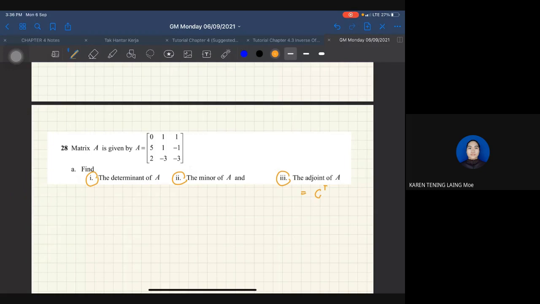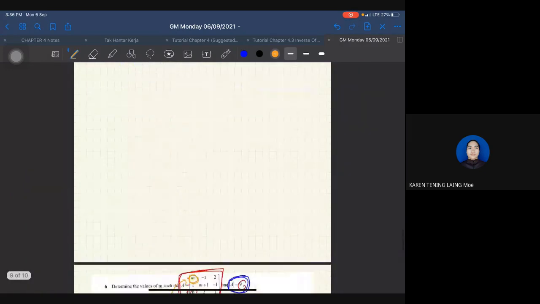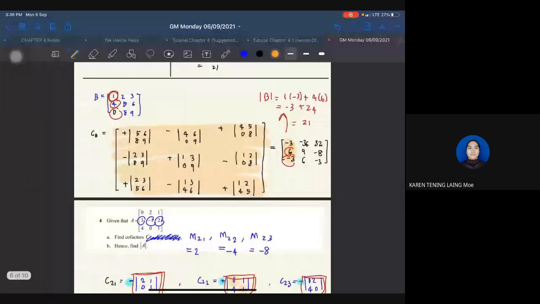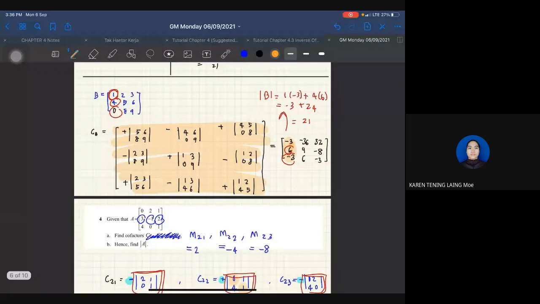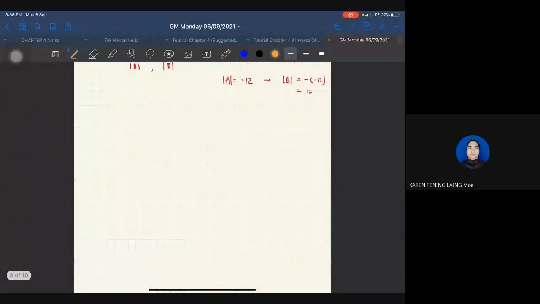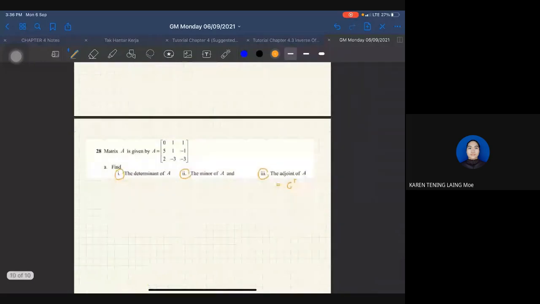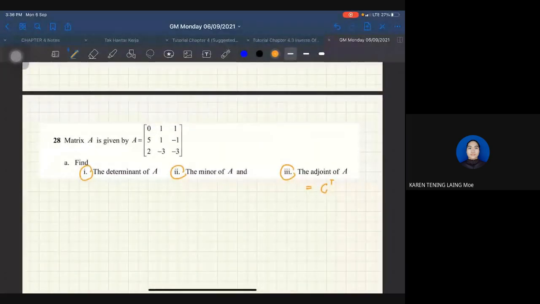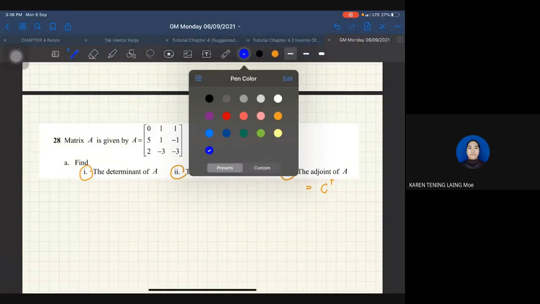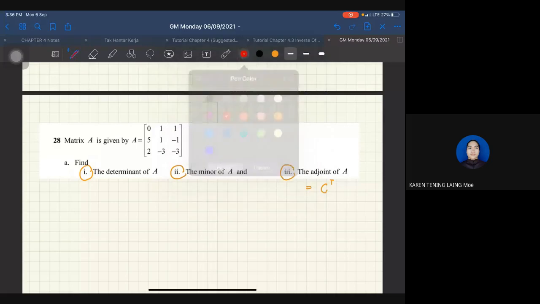Okay, so nak cari cofactor, cara yang sama saya explain dekat this one over here. Okay, yang panjang-panjang ni adalah cara nak cari cofactor. Okay, so untuk adjoint awak just transposekan sahaja cofactor yang awak dah cari. Okay, so this one saya rasa awak dah boleh buat dah ni. Sebab tadi saya dah tunjuk. Okay, so untuk soalan pasia this one, you just need to find the determinant.